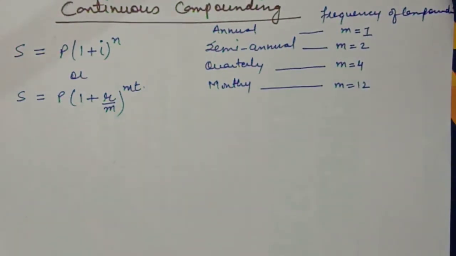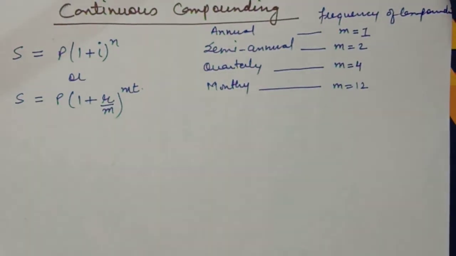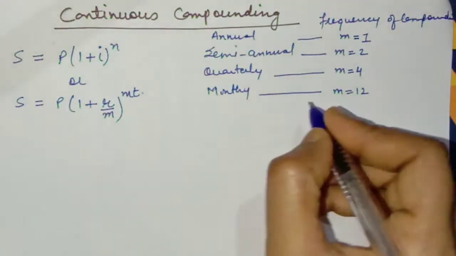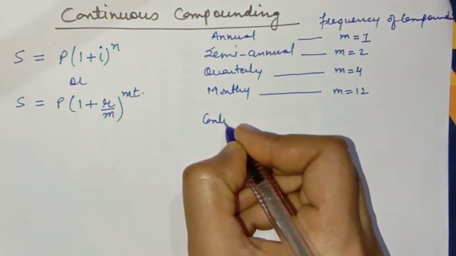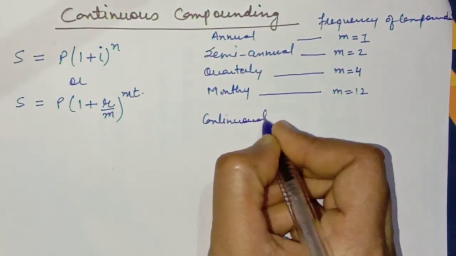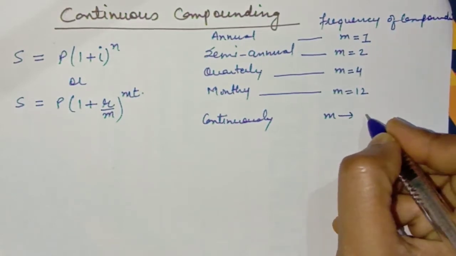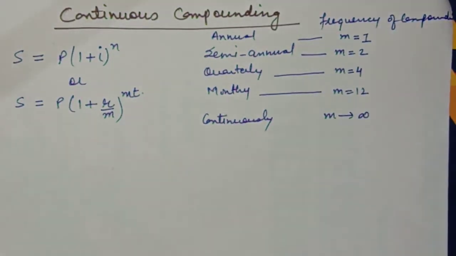Now, what is the concept of continuous compounding? In case of continuous compounding, compounding is so frequent that we are unable to find out the value of m. That is, the value of m is considered to be tending towards infinity. Then we call this case continuous compounding.